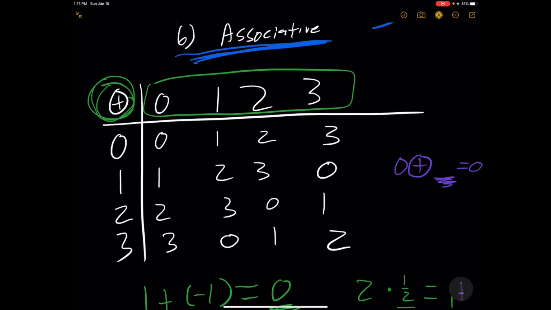Which one? Well, 0 plus sign 0 equals 0, because we have it right here. And 1 plus sign 0 equals 1. We have that right here. And 2 plus sign 0 equals 2, and so on.